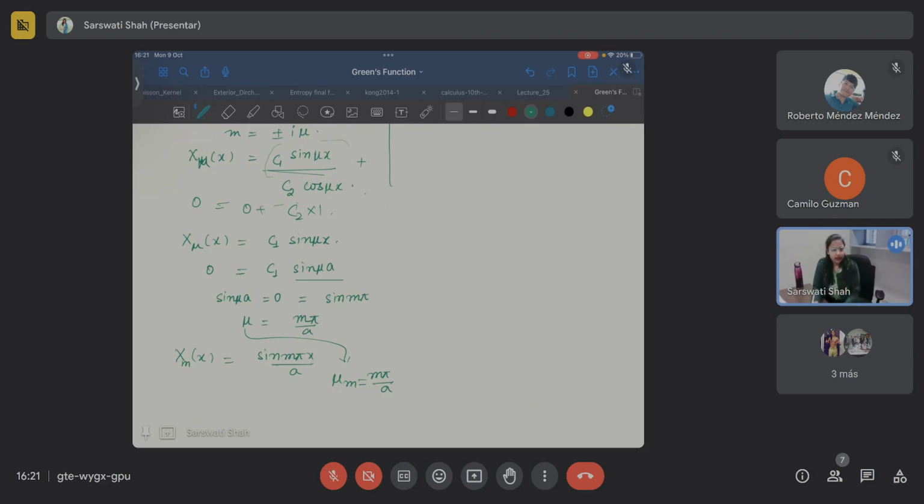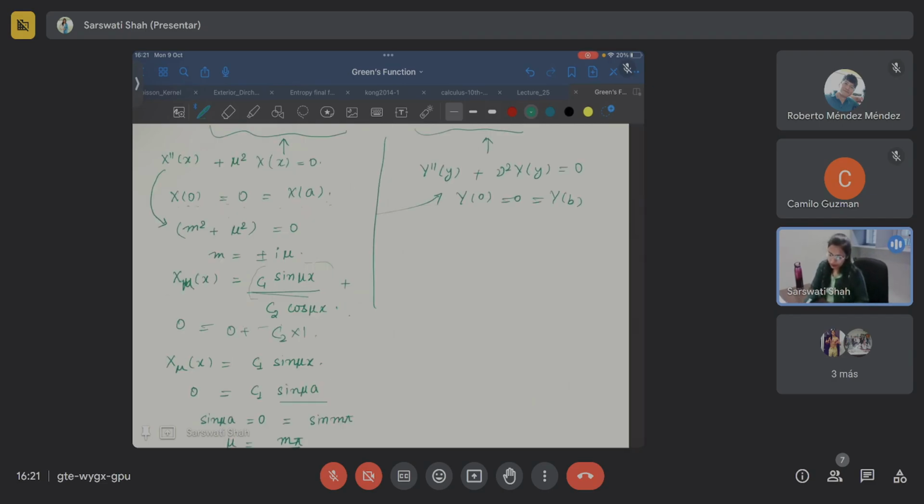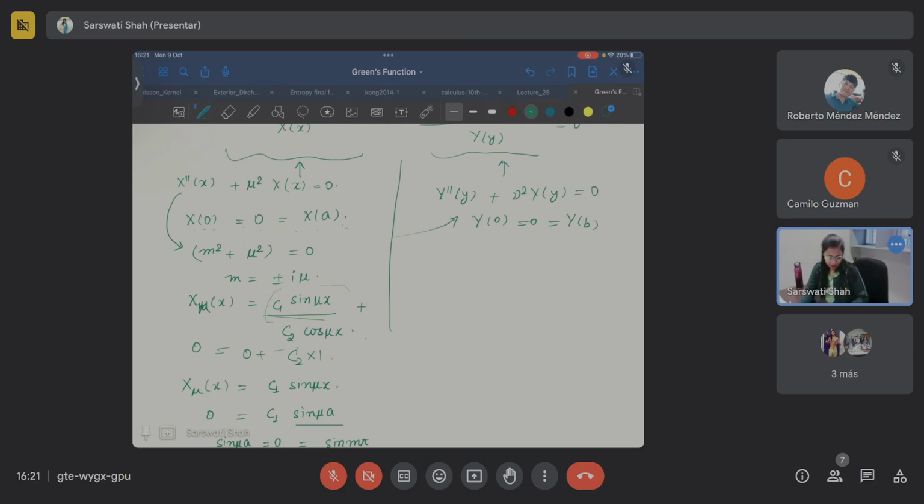In the same way, you will be able to derive the solution of this equation, is not it? So nu_n equals n pi over b. Same way you can proceed and same calculation you can do for this, you can derive the solution. And then y_n is equal to sine of n pi y over b.